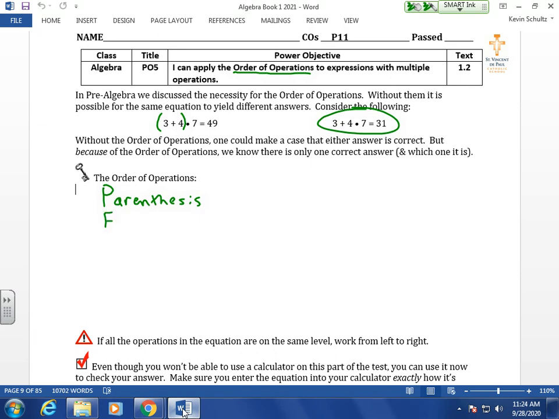Next comes the E, which stands for exponents, squaring, cubing, etc. Then comes the R, which stands for roots, radicals.